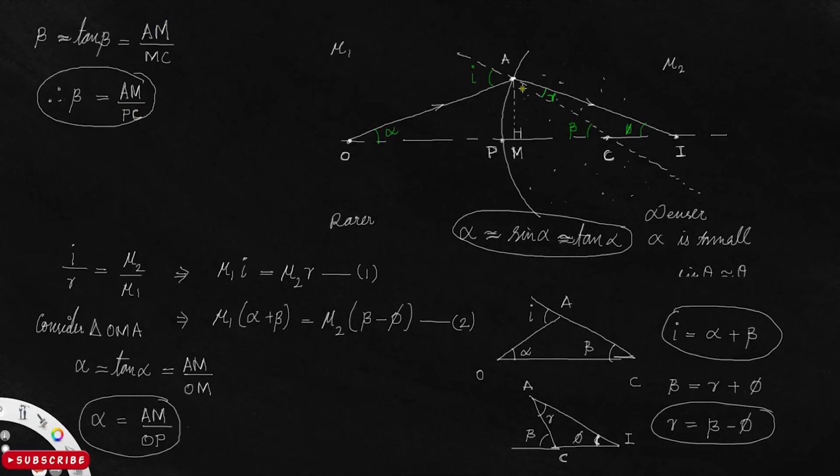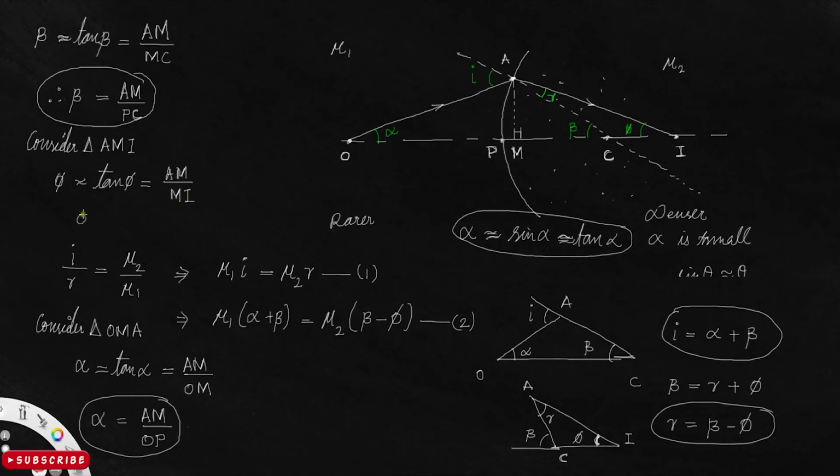Similarly, now let's consider this triangle AMI. We have phi approximately equal to tan phi, because phi is also small, which is equal to opposite side AM divided by adjacent side, here it is MI.